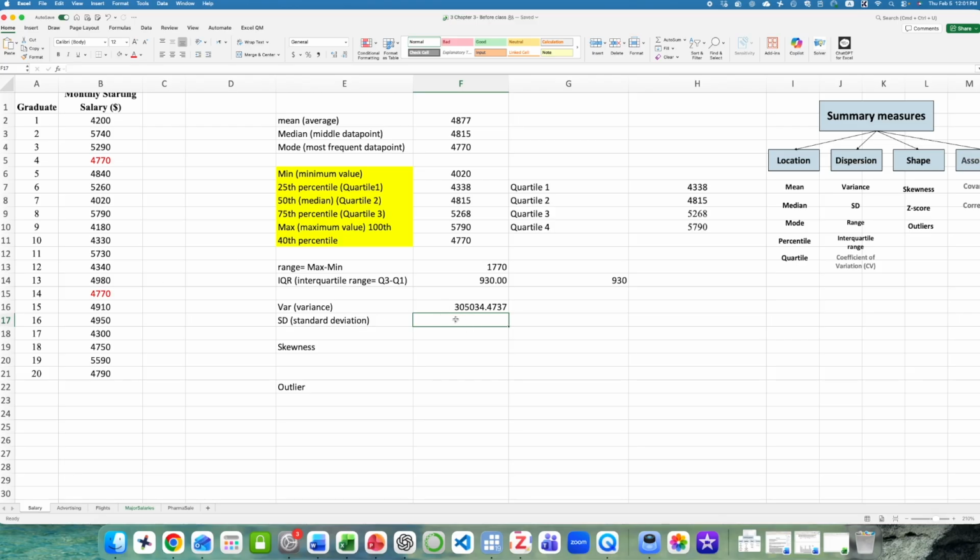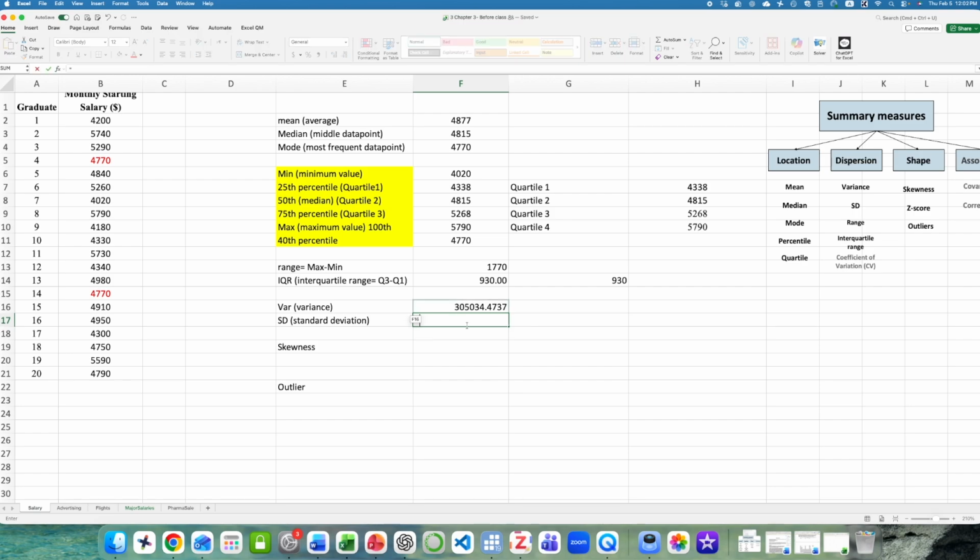In a similar concept, standard deviation is the square root of variance. If you look at the variance, you can see that it's a very large number. In data analytics, this large number is not favorable. We prefer to downsize the scale of the values so that we can work with them easily. So standard deviation is the square root of the variance.